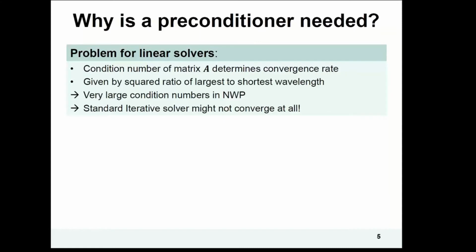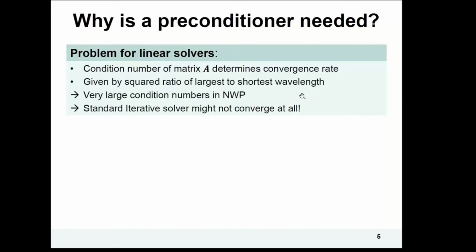So why do we even need a preconditioner and what does it do? For these iterative linear solvers that I talked about, usually the condition number of this matrix A determines the convergence rate to quite a large degree. And this condition number, in our field, can be seen as a squared ratio of the largest to the shortest wavelengths.